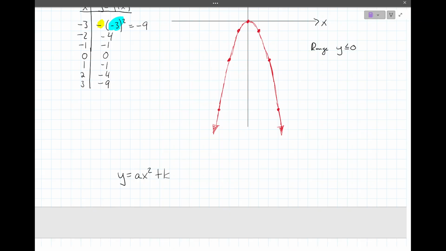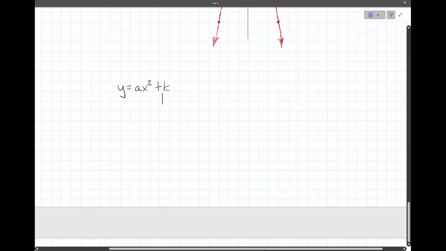So we're going to find that with this a value, first we check if it's positive or negative, for opening up or down, but after that, if it's a fraction or a decimal, it's going to make our graphs wider, and if it's a number greater than 1, it's going to make our graphs narrower because we're going to hit our y values faster.